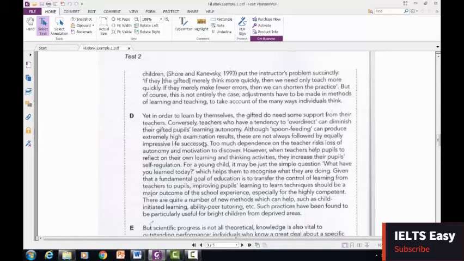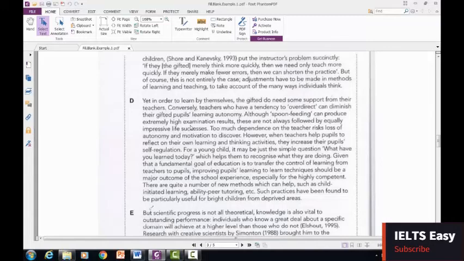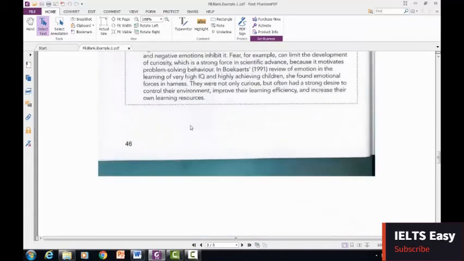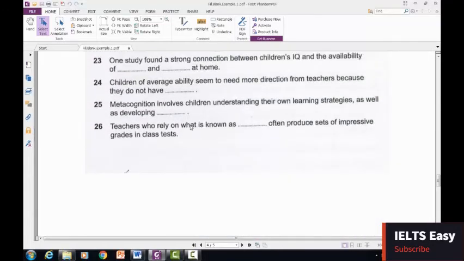Extremely high examination results. All right. Conversely, teachers who have a tendency to overdirect can diminish their gifted pupils' learning autonomy. Although spoon feeding can produce extremely high examination results, these are not always followed by equally impressive life successes. All right, so look back at the question.